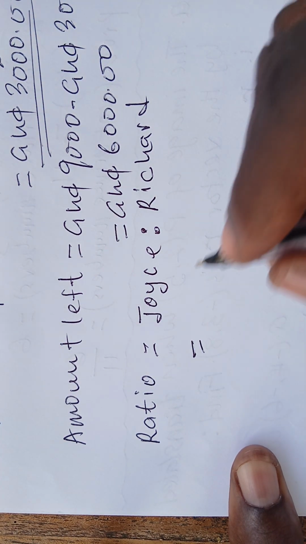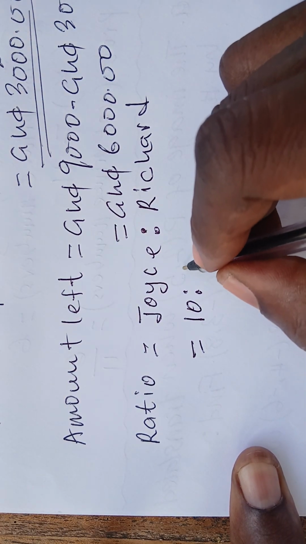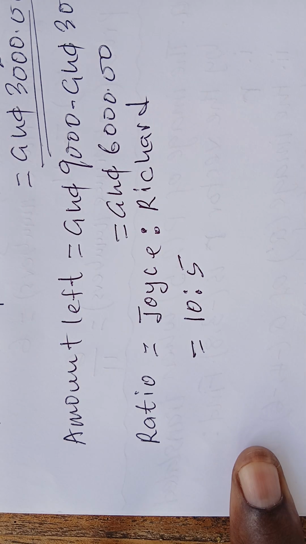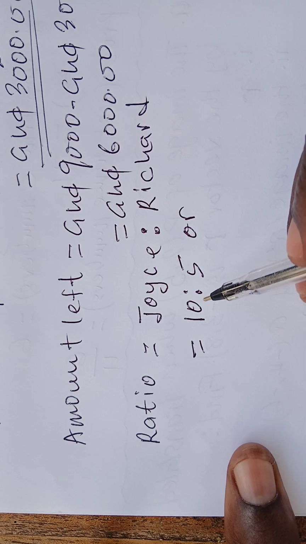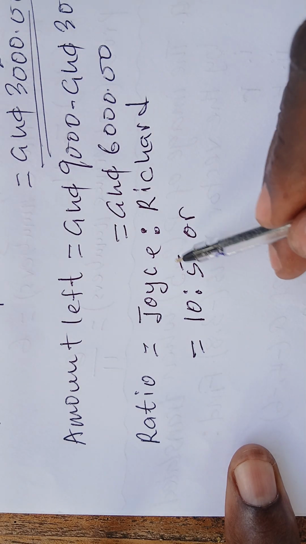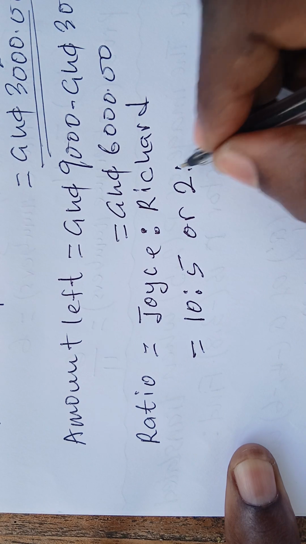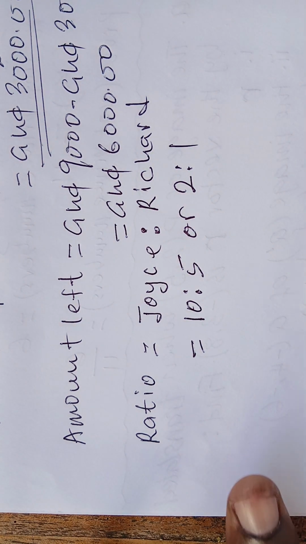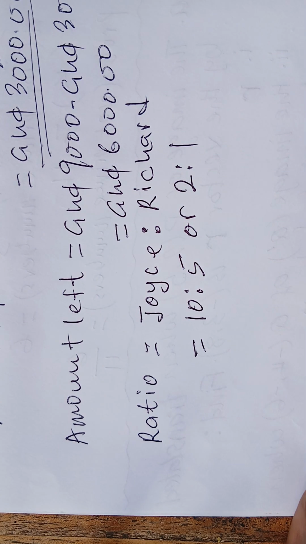This is 10,000, but the zeros will cancel, is to 5. The 3 zeros will cancel, so is to 5. Or when I go further, 5 here 1, 5 here 2, so I will have 2 is to 1. Any of them you take is correct.